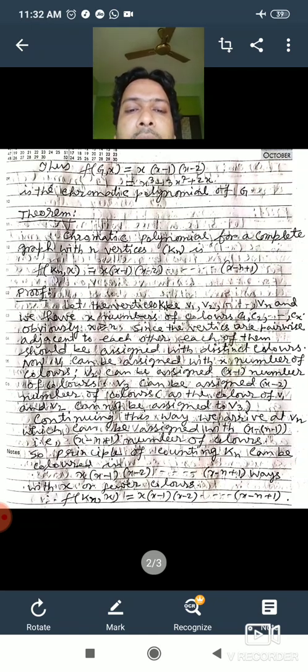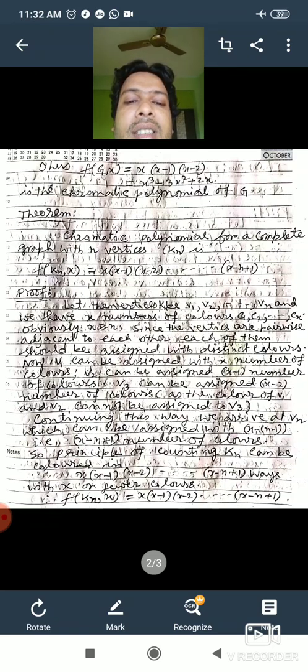So by the principle of counting, Kn can be colored in x into x minus 1 into x minus 2 ... into x minus n plus 1 ways with x or fewer colors. Therefore we write f(Kn, x) equals x(x minus 1)(x minus 2)...(x minus n plus 1). Okay.